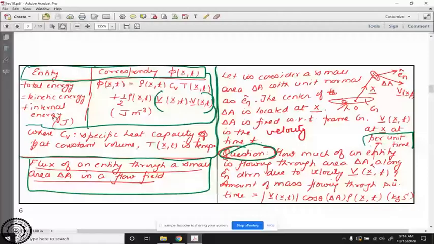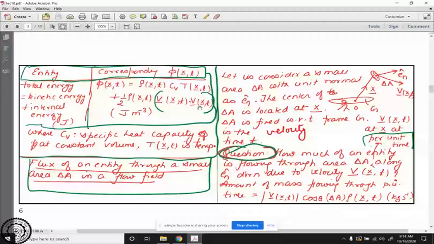By internal energy. So the corresponding phi for total energy will have two terms, again corresponding to the two things that I have here. First is kinetic energy. So the phi for kinetic energy will be kinetic energy per unit volume, and that will be half times rho(x,t) multiplied by the dot product of V(x,t) with itself, right?